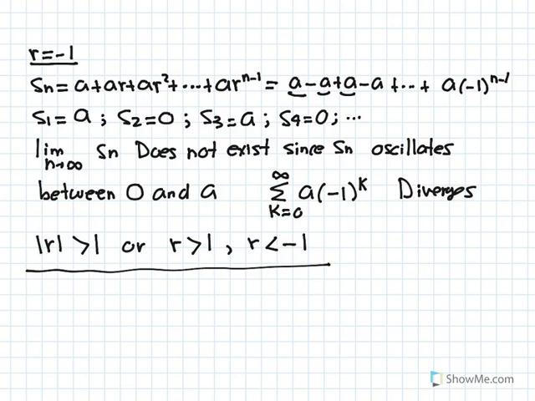So Sn, which is the sum from k goes from 0 to n minus 1 of ar to the k, diverges. Why does it diverge?